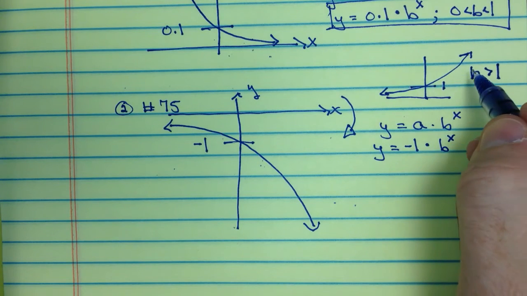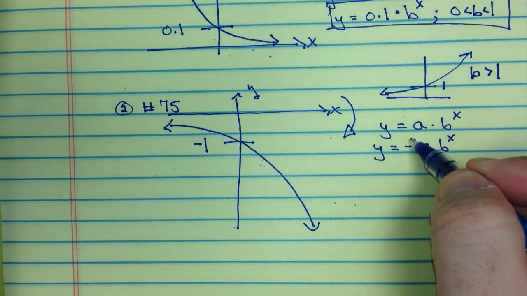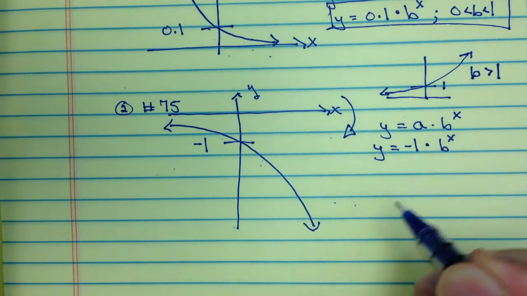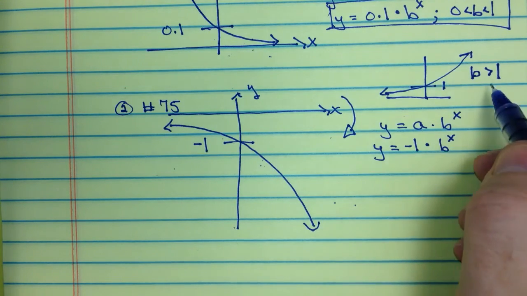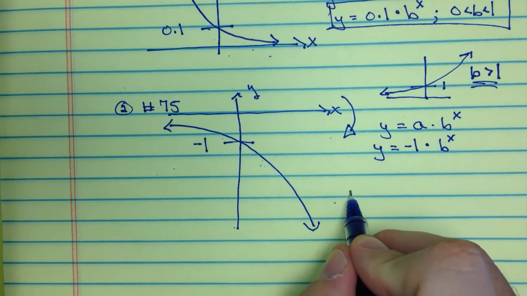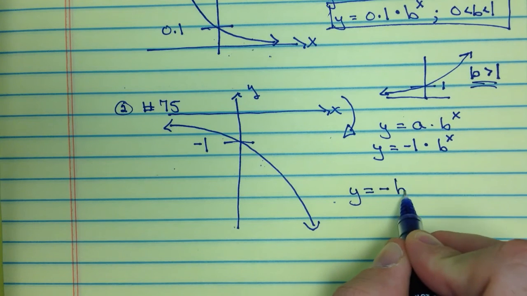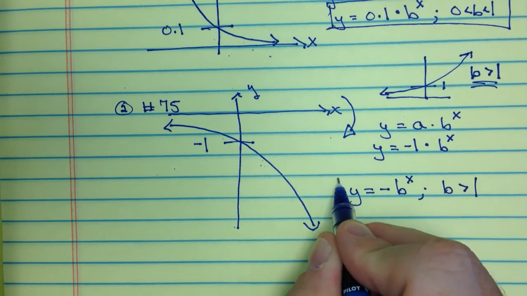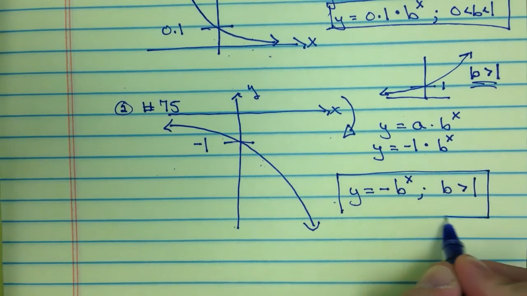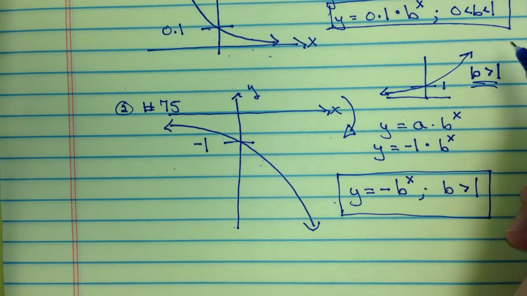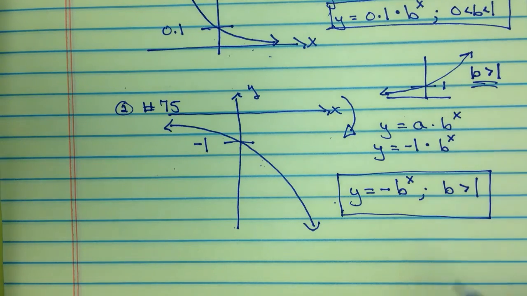So then when I multiply by a negative out here, it causes this graph to simply flip, and I get something that looks like this. So the b value still needs to be greater than 1. So here the answer is going to be y equals negative b to the x, where b is greater than 1. And to understand this, you need to understand how the transformations occurred a couple chapters ago. So you might need to go back and revisit that a bit.